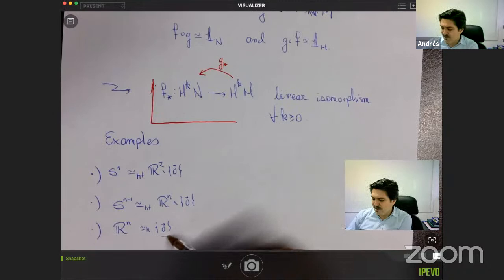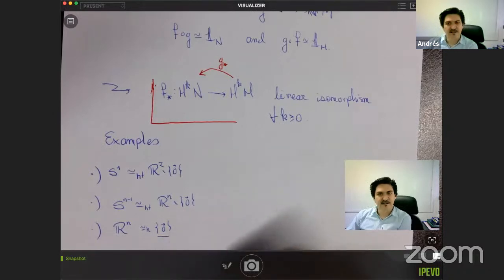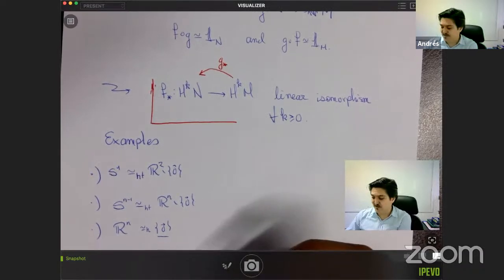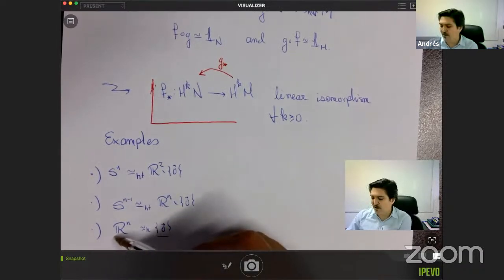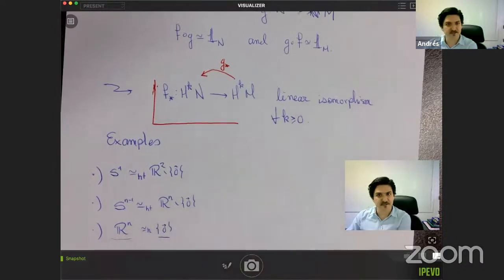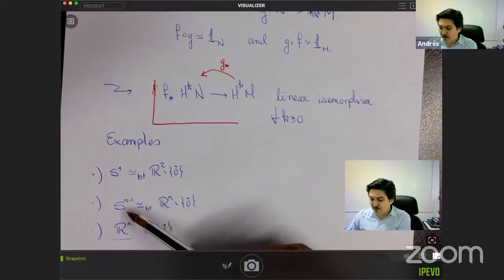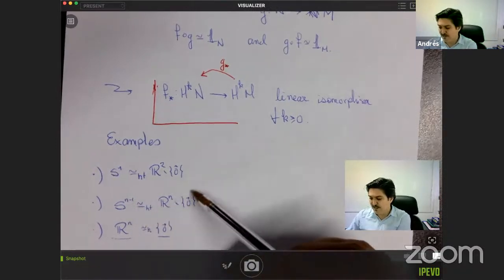The cohomology of this is something trivial to compute by dimension reasons, and so we were able to know the cohomology of this, right? We don't know the cohomology of this and of this.